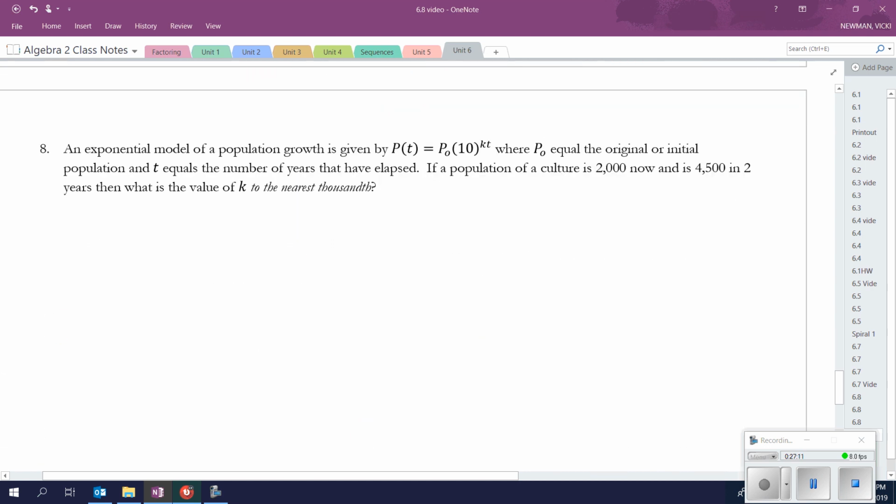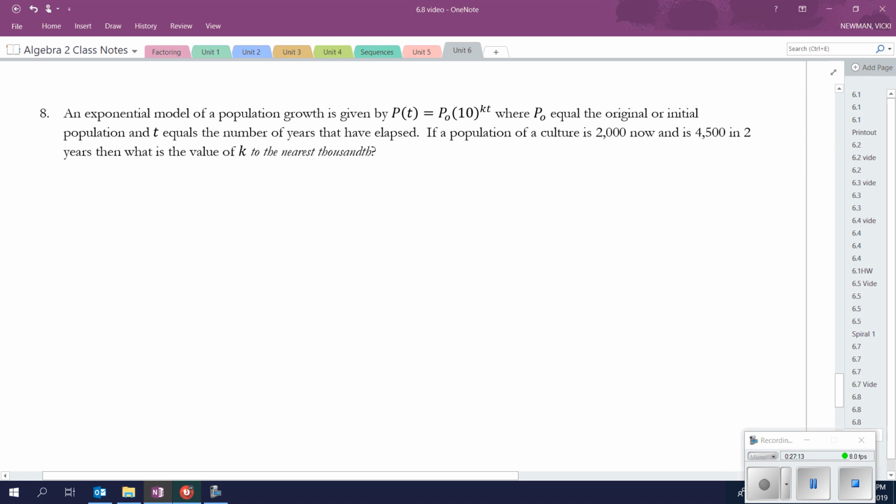I think this is the last question here. An exponential model of a population growth is given by P of t equals P sub 0 times 10 to the kt, where P0 is the original or initial population and t equals the number of years that have elapsed. The population of a culture is 2,000 now and is 4,500 in 2 years, then what is the value of k to the nearest thousandth?